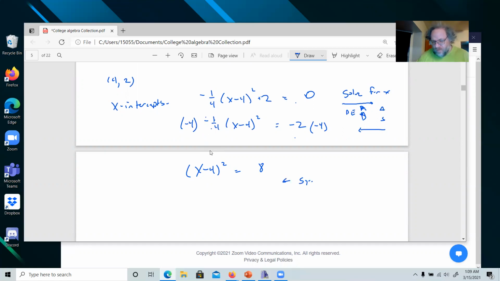Okay. And then we're going to employ the square root principle. All that means is take the square root of both sides. Okay. x minus 4 is equal to plus or minus the square root of 8. Now we can simplify this because 8 is equal to 4 times 2.